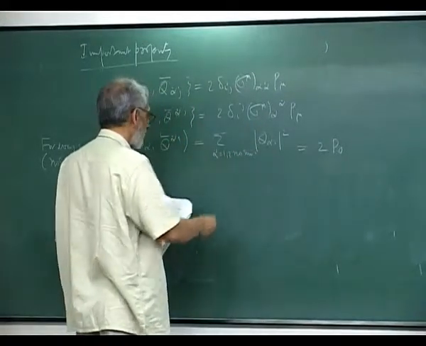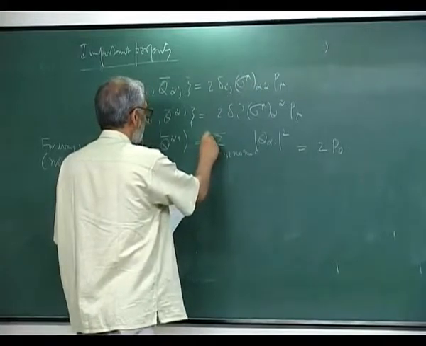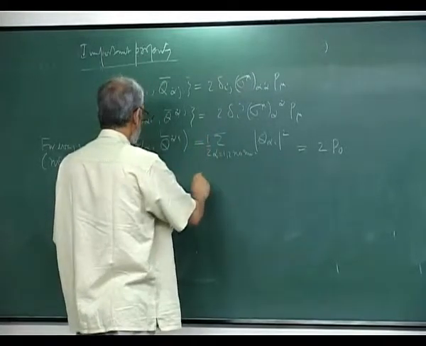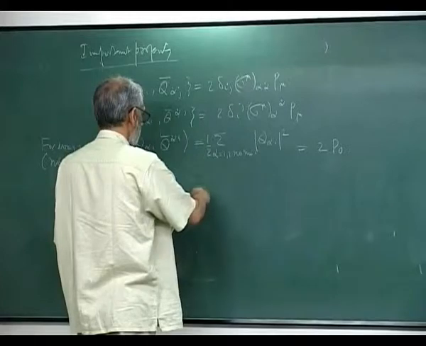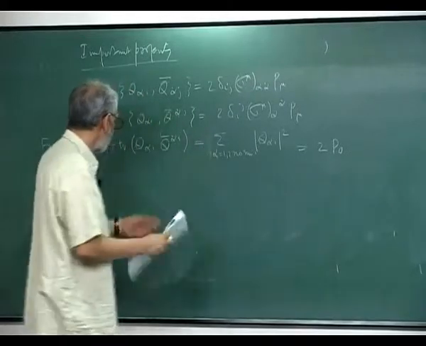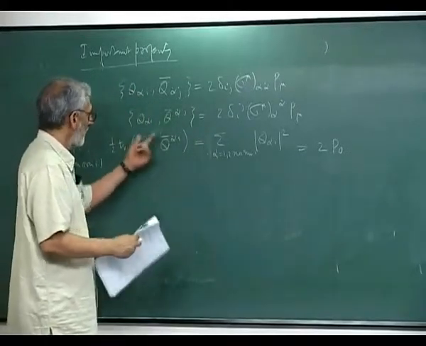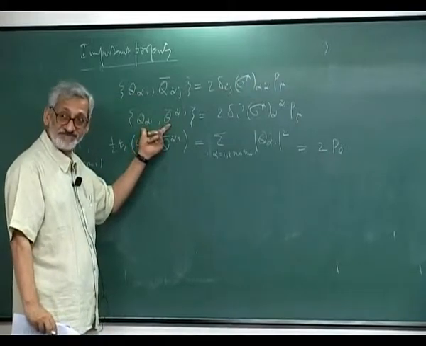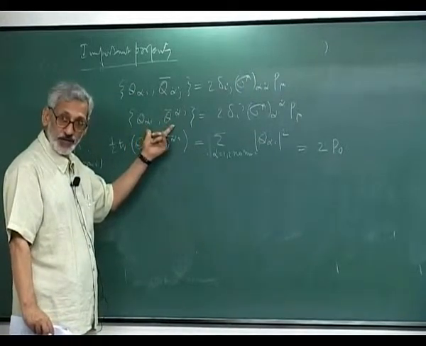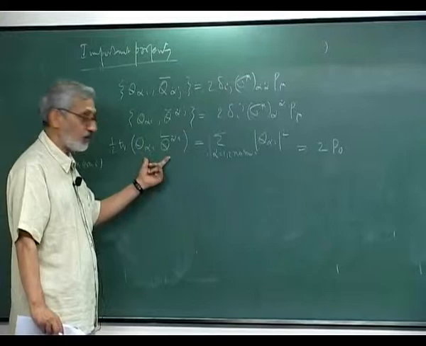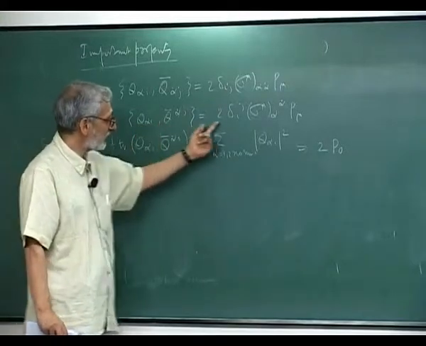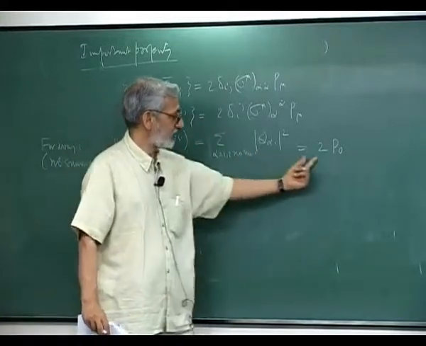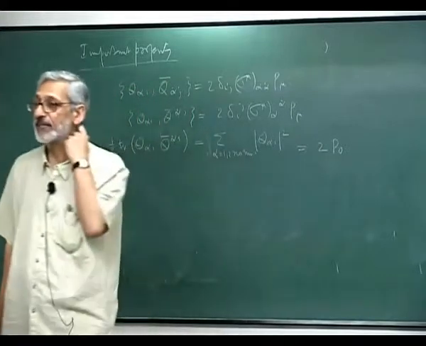I think I should have divided by half here also, right? No, this is because these are 2 terms, so I have a factor of 2 here. So when I go over to here, that extra factor of 2 I kill here. This is exactly this object.